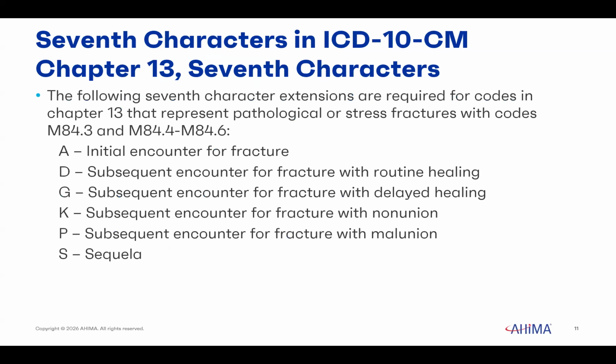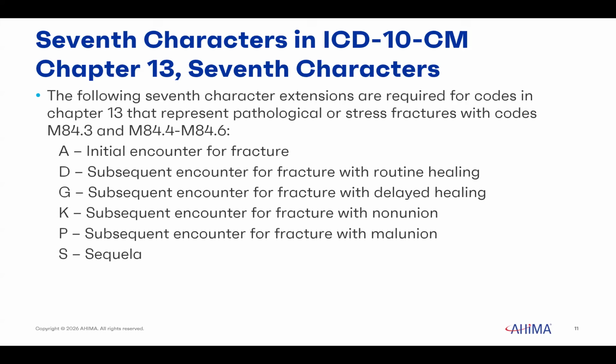Okay, pay special attention to this slide here about the seventh characters. Certain musculoskeletal codes, especially for pathologic or stress fractures, require a seventh character. This character tells us the encounter type, like whether a patient is being treated for the first time or is returning for follow-up care. A is the seventh character for the initial encounter for a fracture.